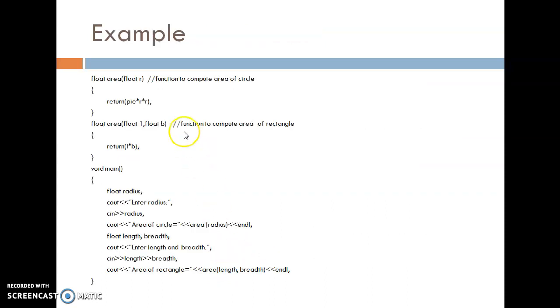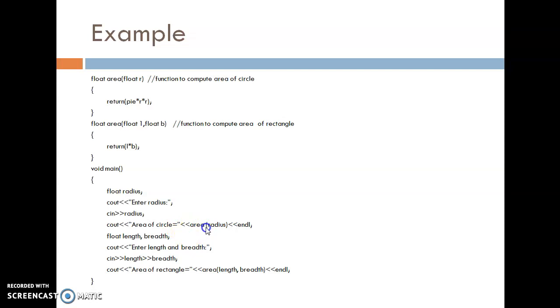See here, float area, float r. So here it returns pi r square. This function is used to find the area of a circle, and this function is used to find the area of a rectangle. Now from void main, first we take a single value of radius to find the area of the circle. See, out area of circle.